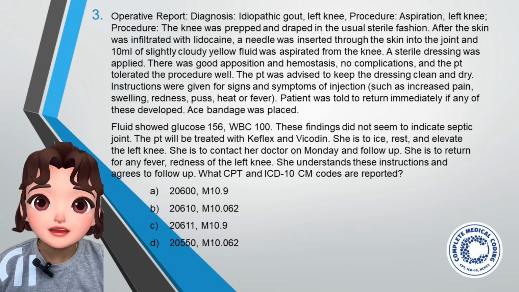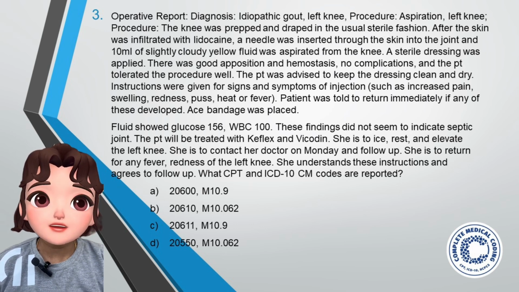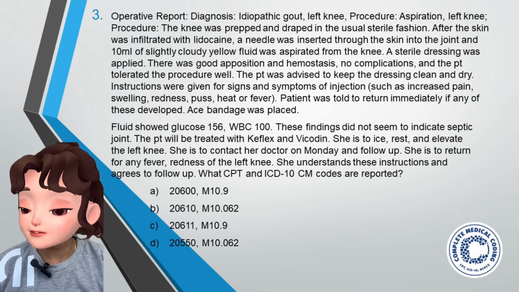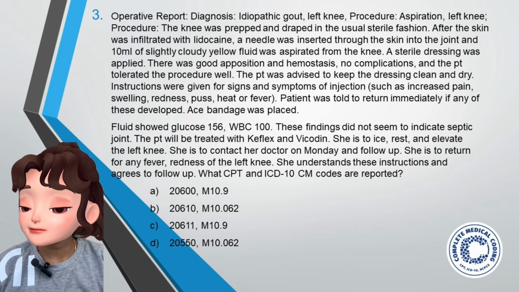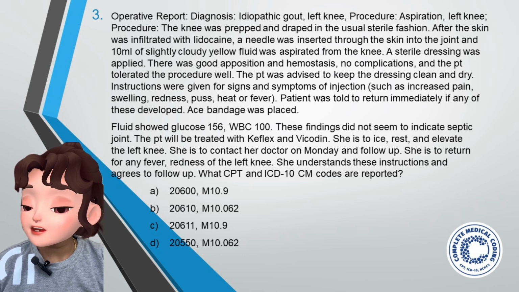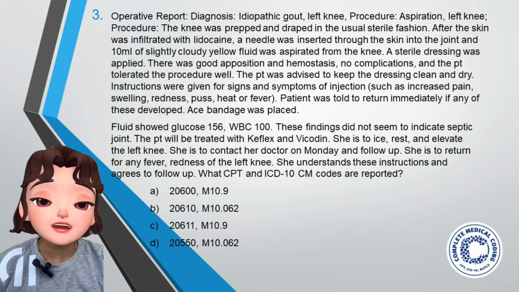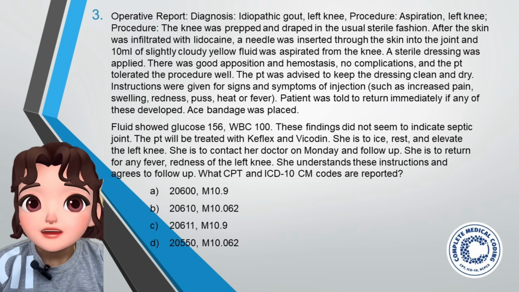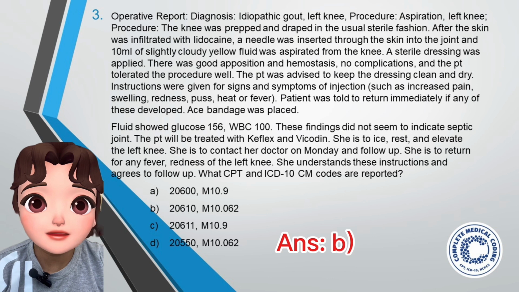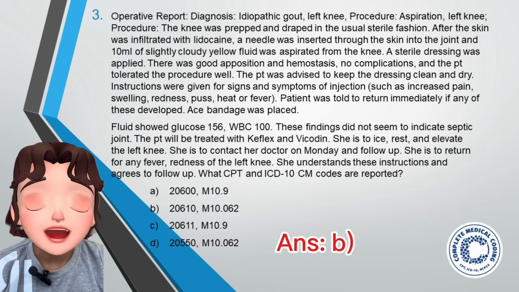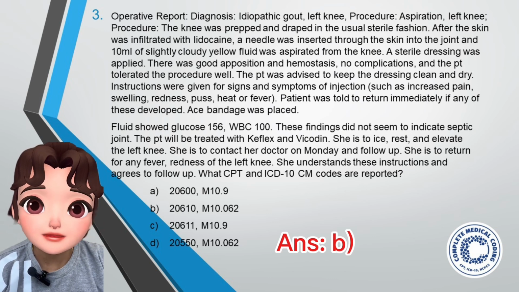This is not an injection, right? This is aspiration. So our CPT code will be 20610, which represents arthrocentesis, aspiration or injection of major joint. Yes, the left knee is of course a major joint. So we got the answer as option B, CPT code 20610 and ICD M10.062. Okay.